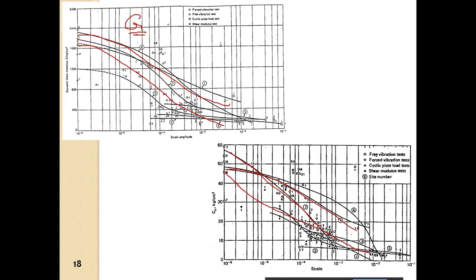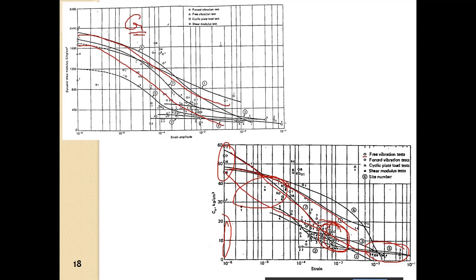So you can see free vibration tests. These are all free vibration tests. And we have the cyclic plate load test somewhere here, in this range, and we have the laboratory test in this range. Cyclic plate load test, and shear modulus test we have here in this range.